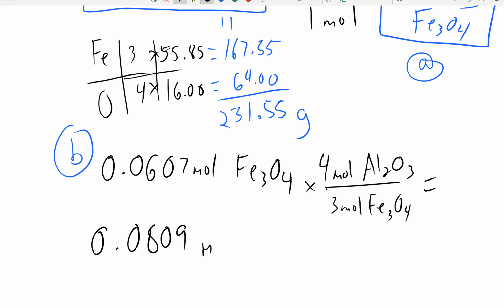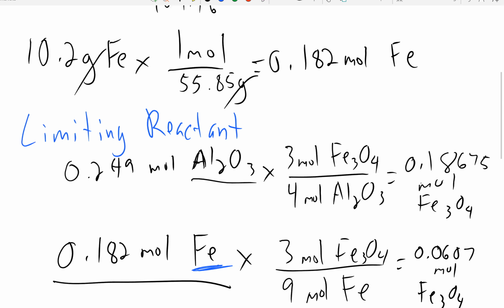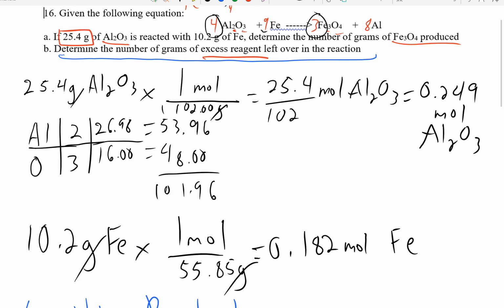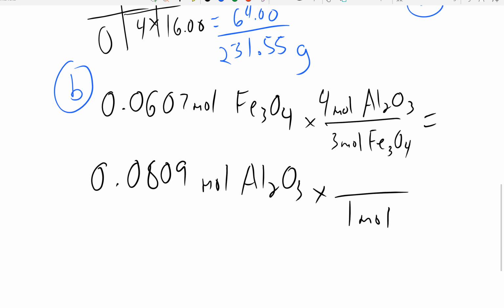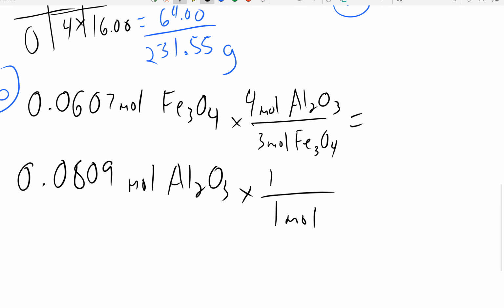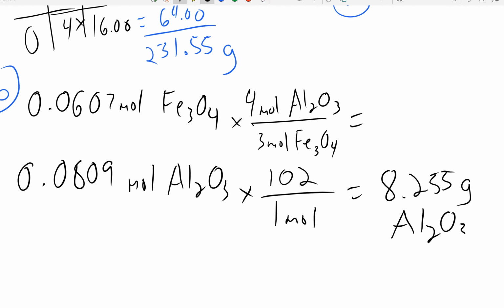0.0809 moles of Al2O3 times, for every 1 mole, we said the molar mass was up here 101.96 or 102. Let's just go with 102 for now, for the sake of brevity. And we get 8.255 grams of Al2O3.